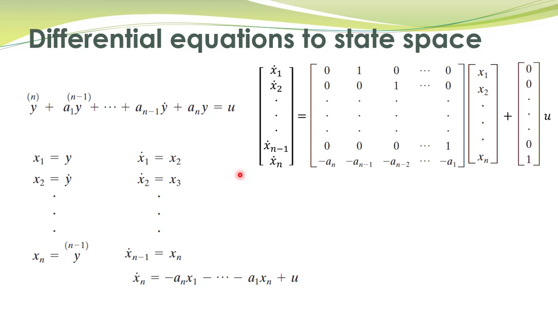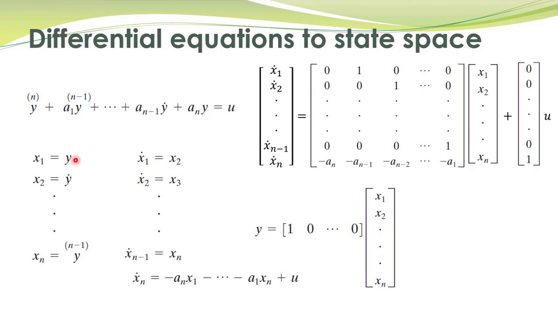We have simply written these equations in matrix form over here. For example, this first equation, x1 dot is equal to x2, is written over here: x1 dot is equal to 1 multiplied by x2 plus 0 multiplied by u, and likewise all other equations. The last equation is also written over here. Likewise the output equation, this y, can also be written in terms of the newly defined state variables.